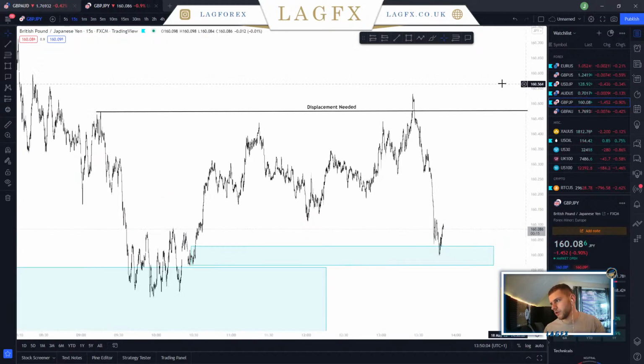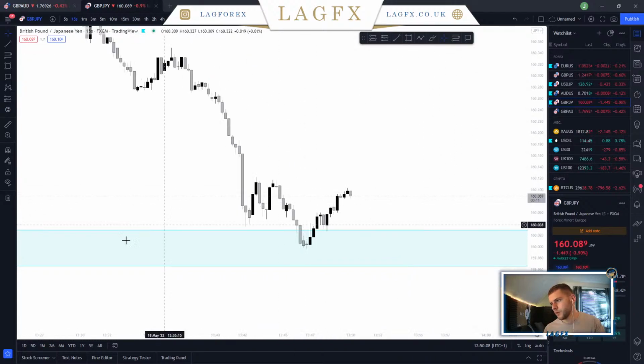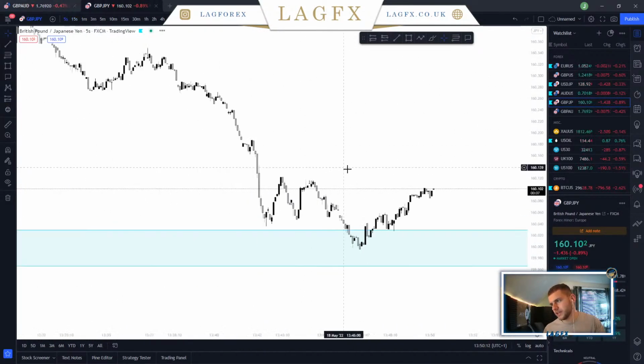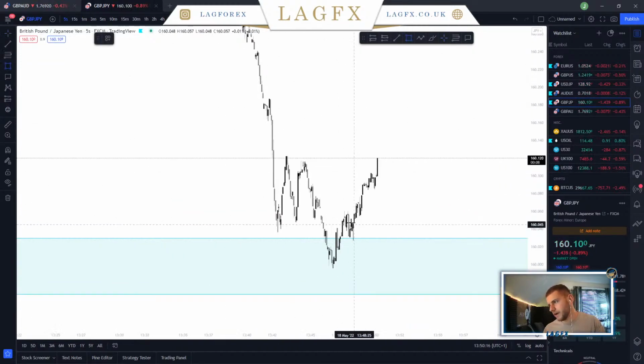Let's once again look on a lower time frame just to see what has happened. Quite nice, some liquidity build up, a sharp push through. We want to see now the displacement of these highs. We have got a zone here that has been left unmitigated.